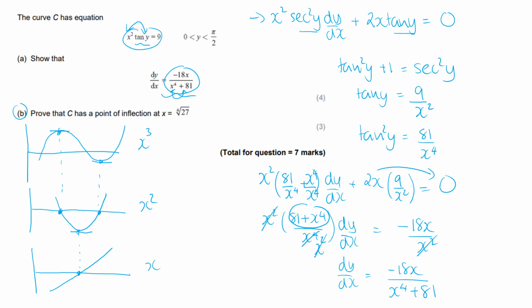So the points of inflection are where the gradient of the original curve stops slowing down and starts speeding up. So you can think here, as we go up to our max for our cubic, the gradient is positive, but it is slowing down to 0, and then it continues to slow down because it's negative.